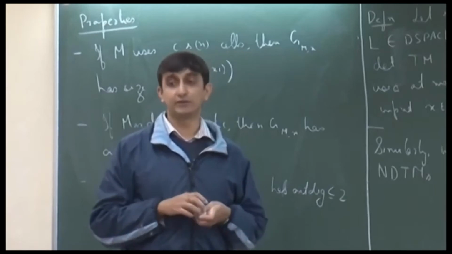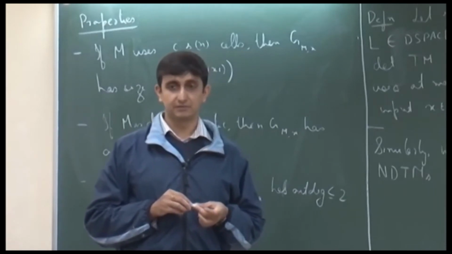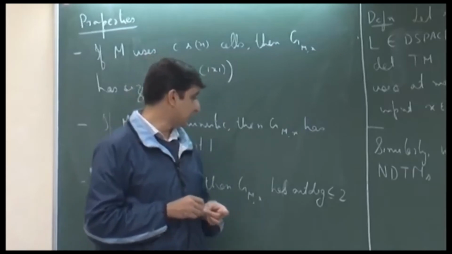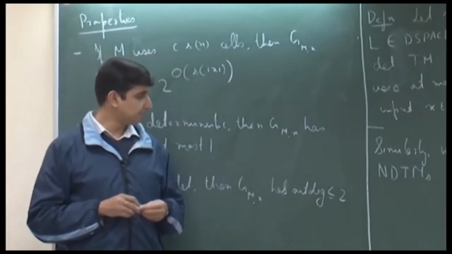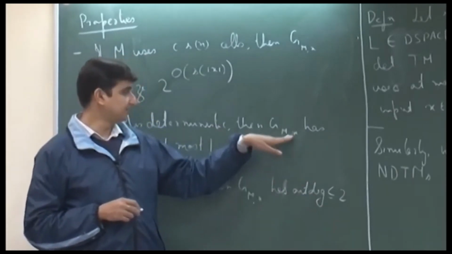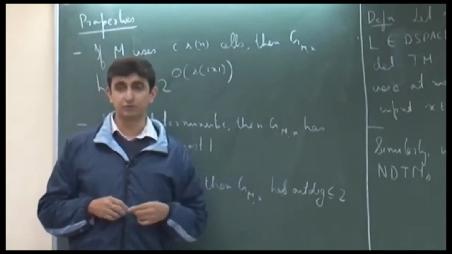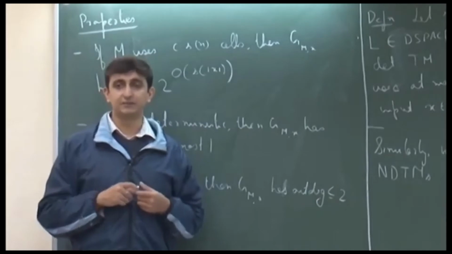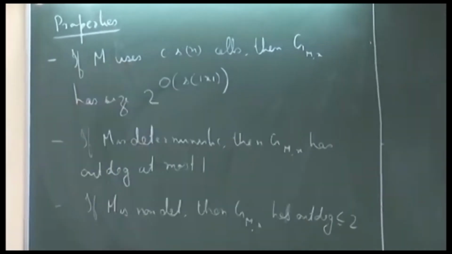That is one way to think of non-deterministic machines. If you look at that model, then the configuration graph will have out degree at most 2, depending on which transition function it is choosing. More than a property, this can be assumed without loss of generality. So, we can assume one more thing without loss of generality.